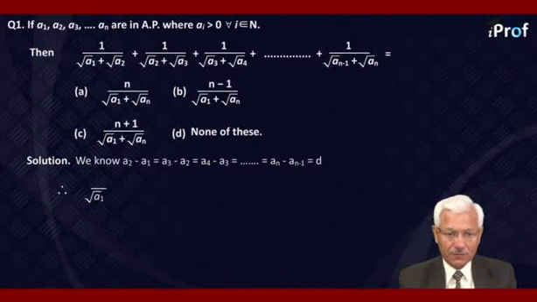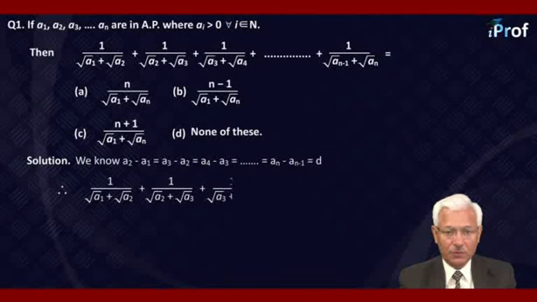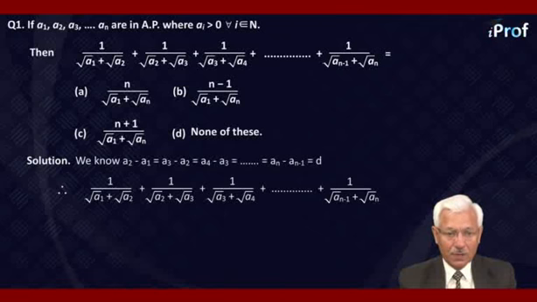Therefore, the given expression, that is 1 upon square root of A1 plus square root of A2, plus 1 upon square root of A2 plus square root of A3, plus 1 upon square root of A3 plus square root of A4, and so on, 1 upon square root of An minus 1 plus square root of An, is equal to, we rationalize basically the denominator.